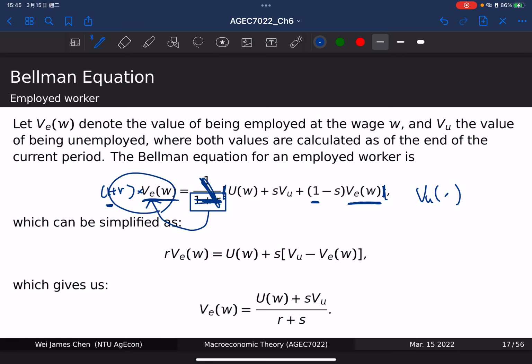What I'm left with is R times VE of W. The U of W is still there. And because I moved this one out, these two terms both have this S, so I can move the S out and make it S times VU minus VE of W.